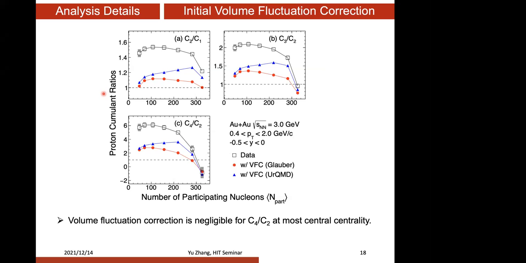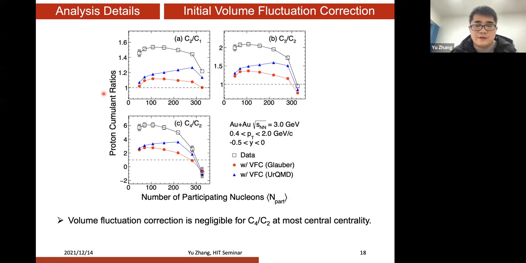So you're showing UrQMD with volume fluctuations. I assume this means that you varied the impact parameter of UrQMD simulations. Do you also have the result if you, for example, fix the impact parameter in UrQMD to a constant value and see how it compares? Yeah, we did this kind of calculation. We restrict the impact parameter to less than 3 and calculate the cumulant.